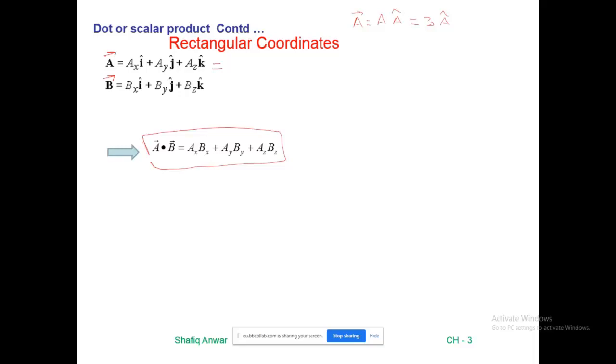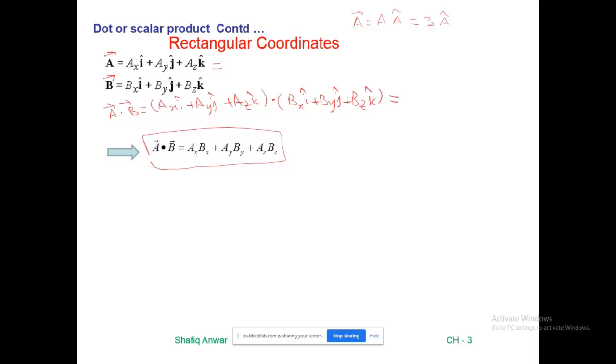How it comes, by the way: if I take, for example, A vector dot B vector, which is ax i plus ay j plus az k, dotted with bx i plus by j plus bz k.